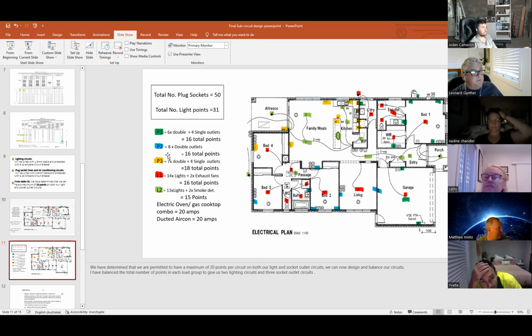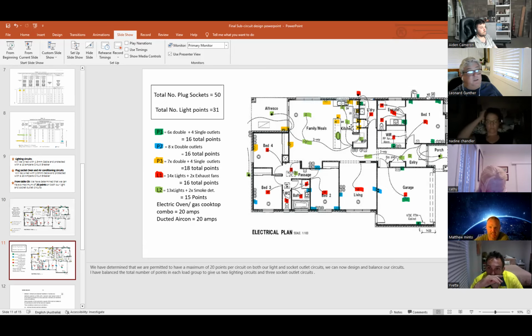Okay, so P2, he's got 8 double power points. 1, 2, 3, 4, 5, 6, 7, 8. P3, he's got 7 double power points and 4 single power points, which is a total of 18 points. So you can see how he's balanced all those points over 3 circuits.